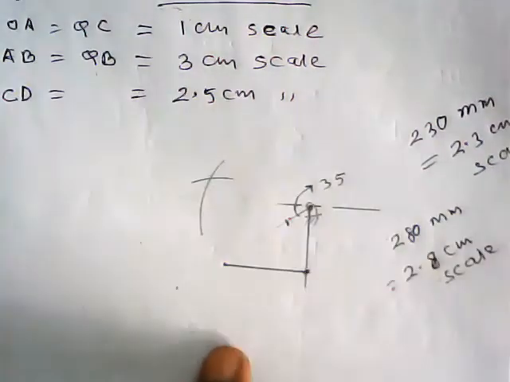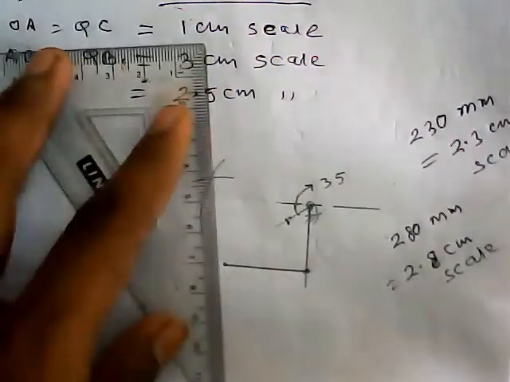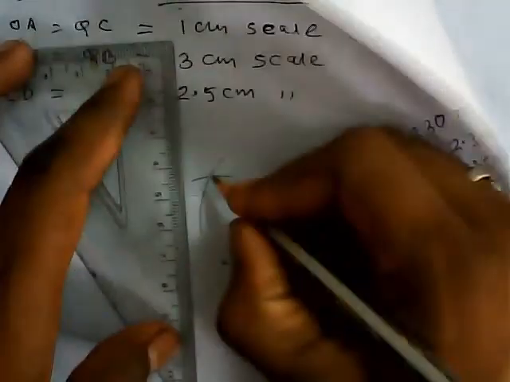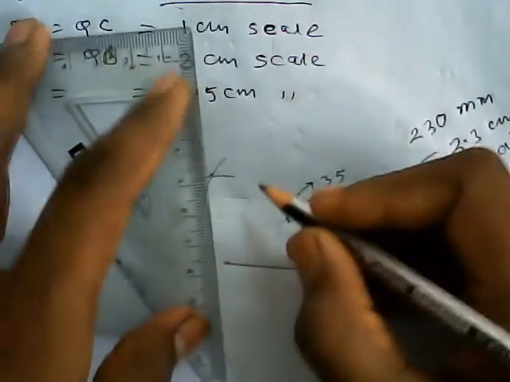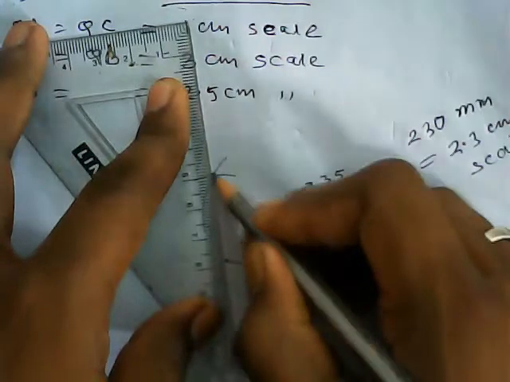This intersect point is B. The length is QB.